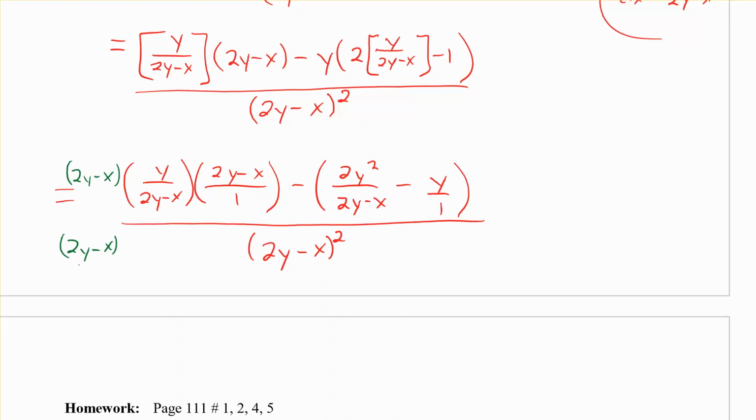The reason I did that is because with this first part here, 2y minus x is going to turn into 1. That's going to cancel with that, and that one's going to cancel with that. The top of this, once I'm done, will end up just being y times this. I'm also going to multiply this top term by the other one, which again is going to cancel the one on the bottom.